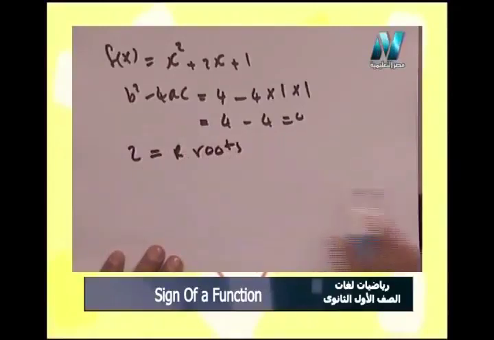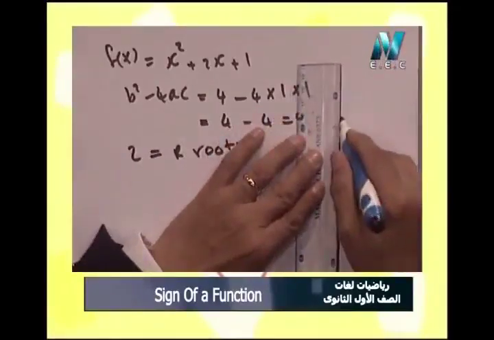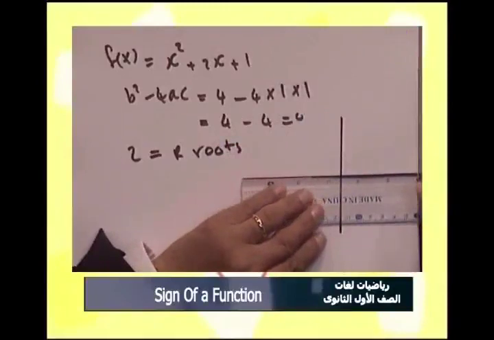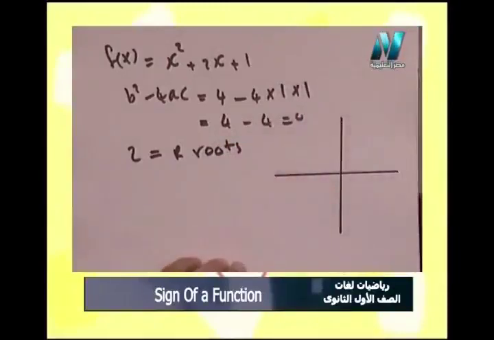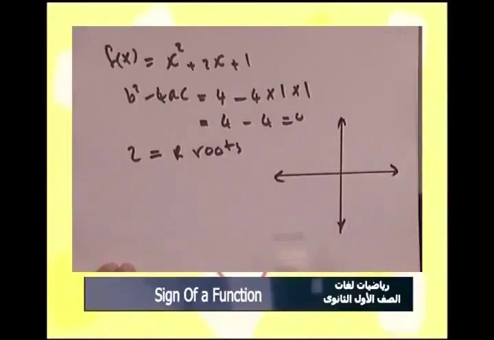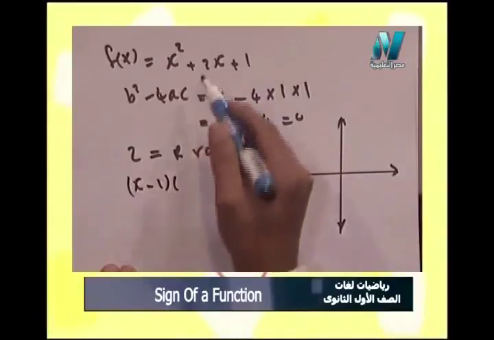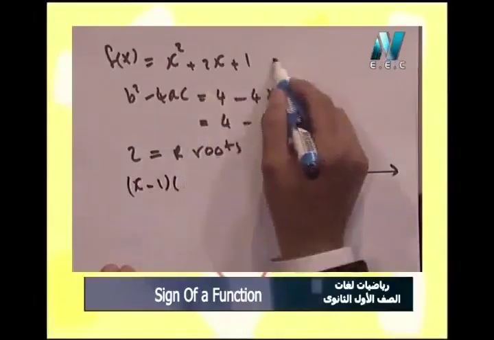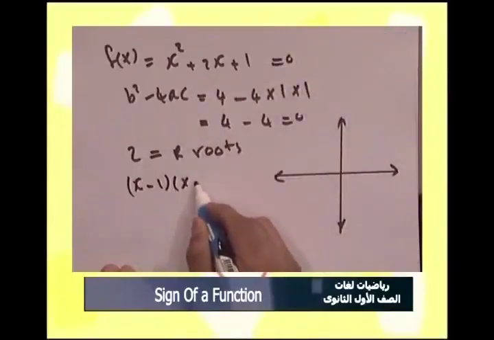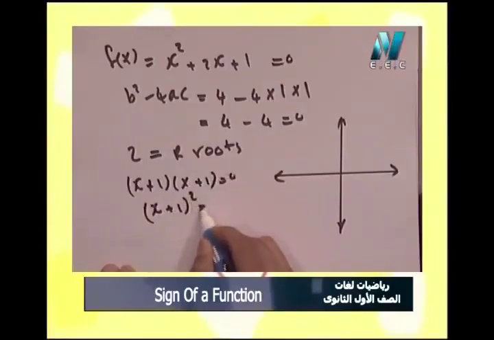And if we have here the drawing or the graph, we will find that the two roots will be −1, because if we factorize this function when it equals 0, it will be (x + 1)(x + 1) = 0, or (x + 1)² = 0.